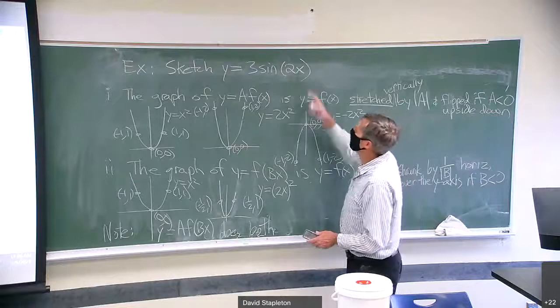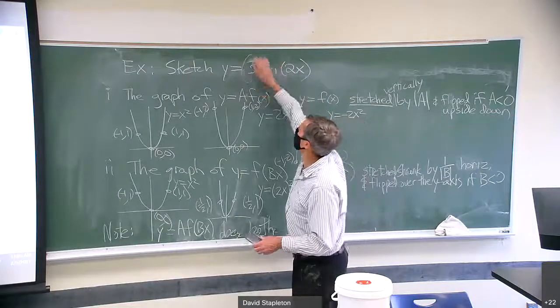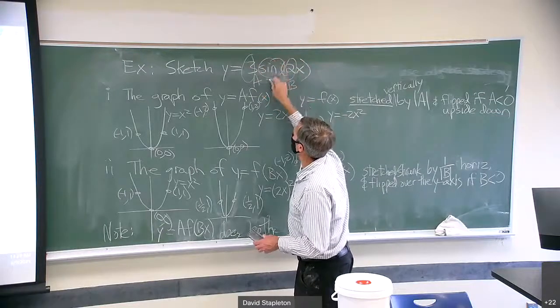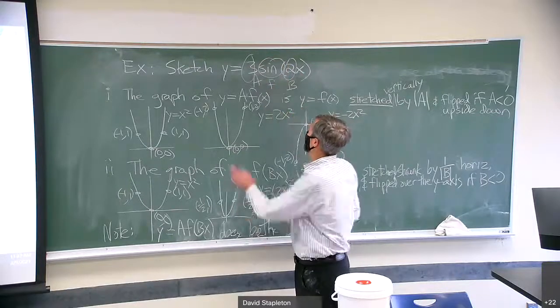Thank you. All right, so y equals 3 sine 2x. This is an A f of bx with f the sine wave instead of the square function. A equals 3 and b equals 2. So what's it going to do?